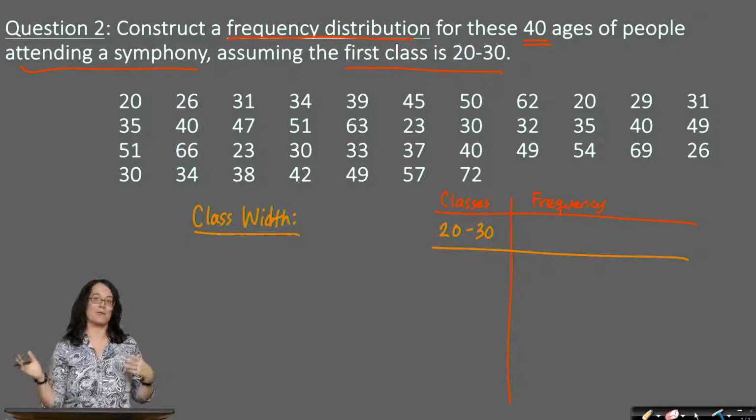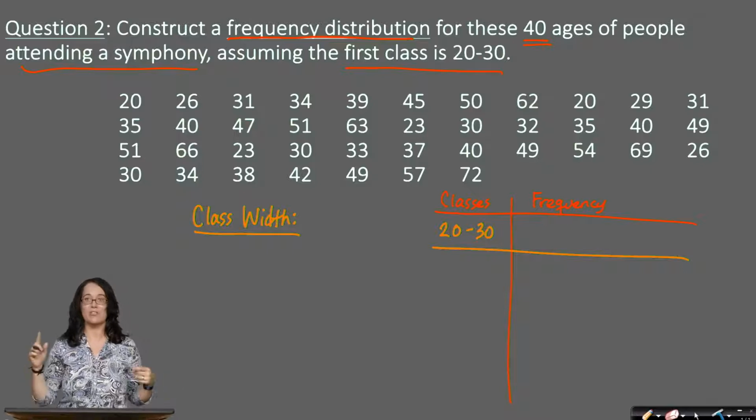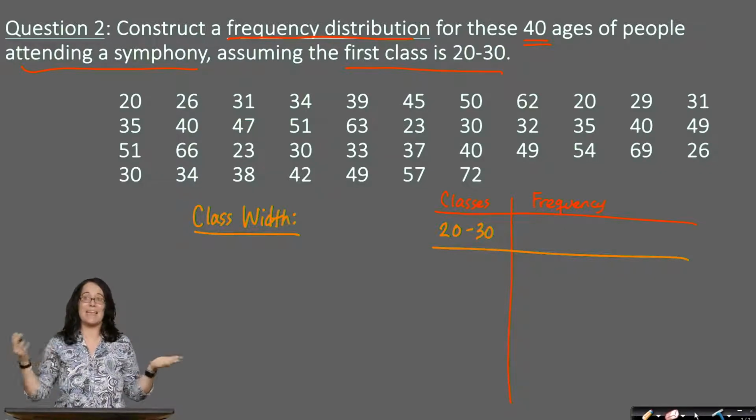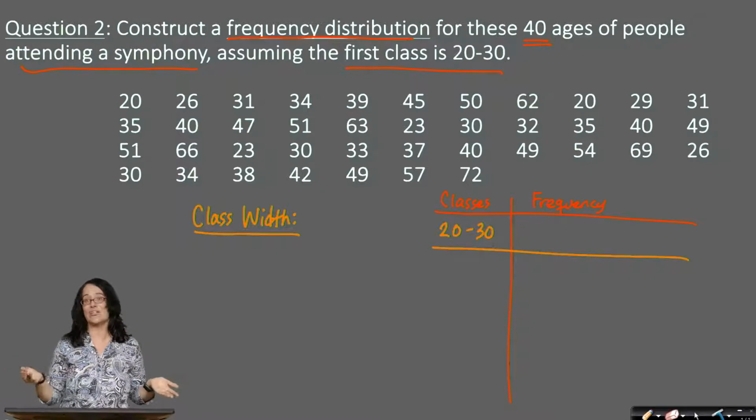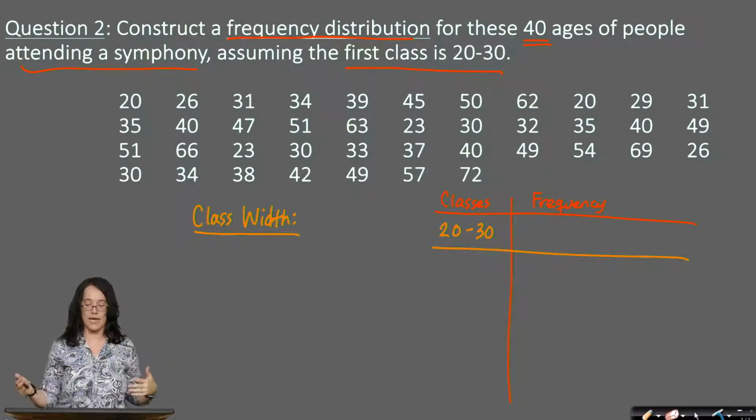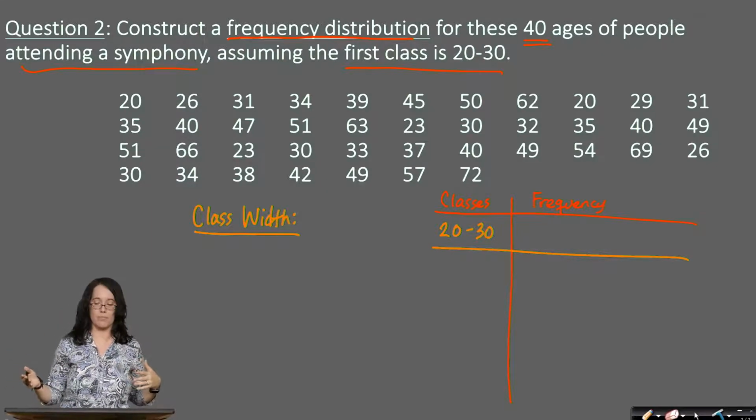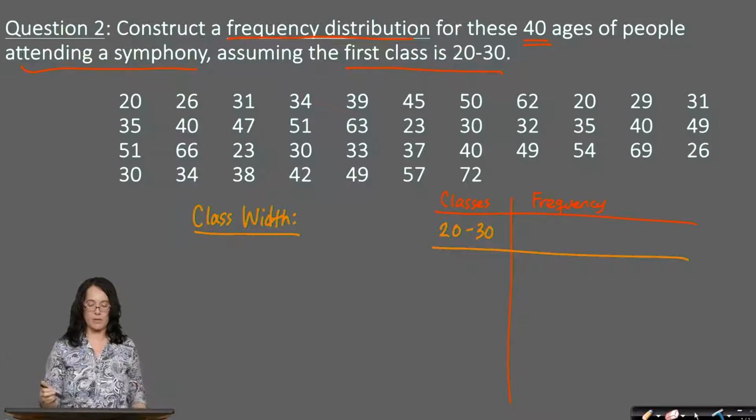Sometimes you're tempted to do 30 minus 20 and get 10, but it's always going to be one more than that difference, because you have to include 20 itself. If you count on your fingers, 20, 21, 22, 23, you would notice there's actually 11 numbers represented, ages 20 through 30. There aren't just 10. If it had been 21-year-olds through 30-year-olds, that would be 10 types of ages. So the class width is actually 11.